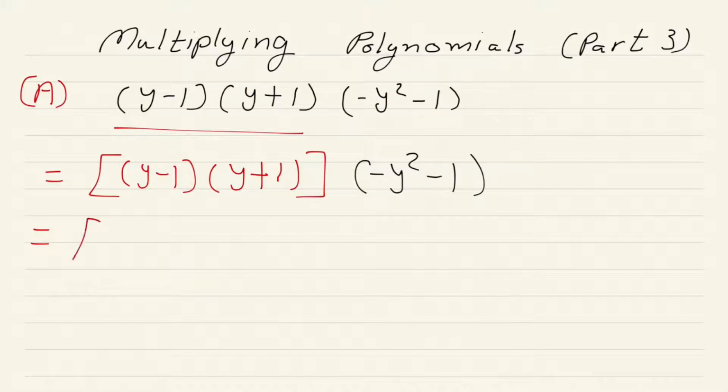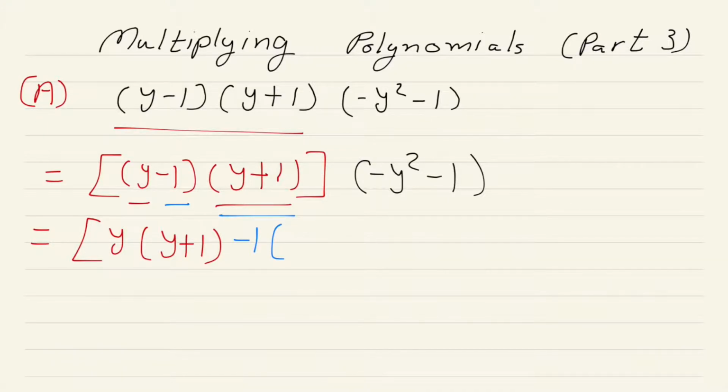So that is the first term of the first binomial, y, times the second binomial, y plus 1, and then the second term of the first binomial, negative 1, times the second binomial, y plus 1, times negative y squared minus 1.